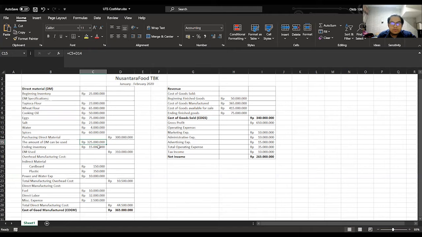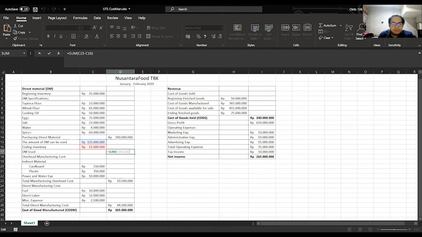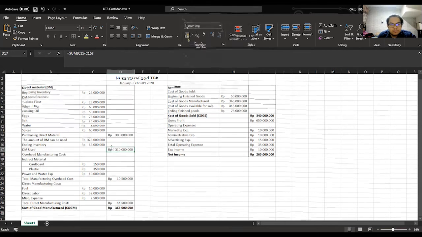But we know from the journal or the financial statement that we have an ending inventory of 15 million. So that means in this production we only use 310 million.